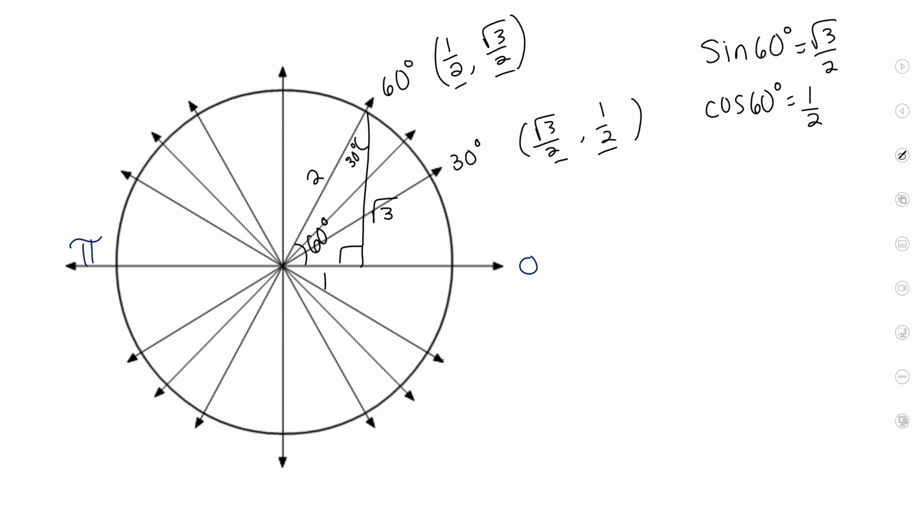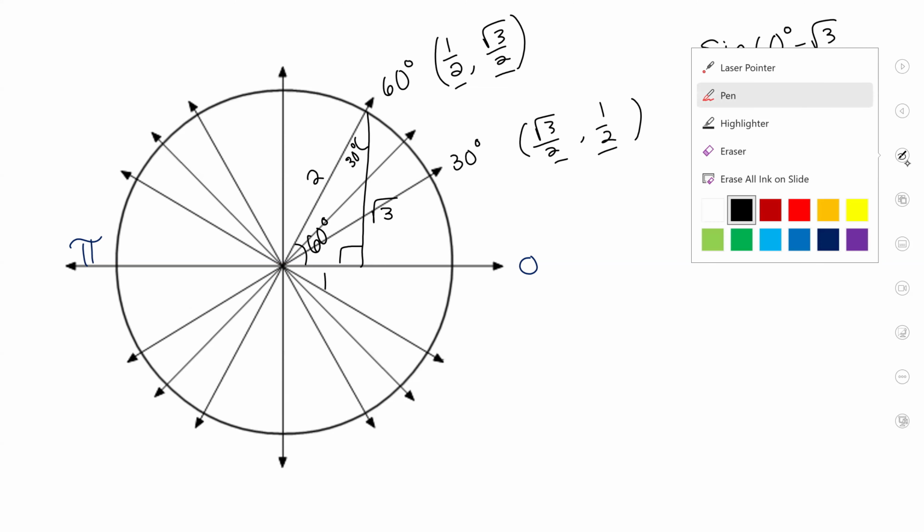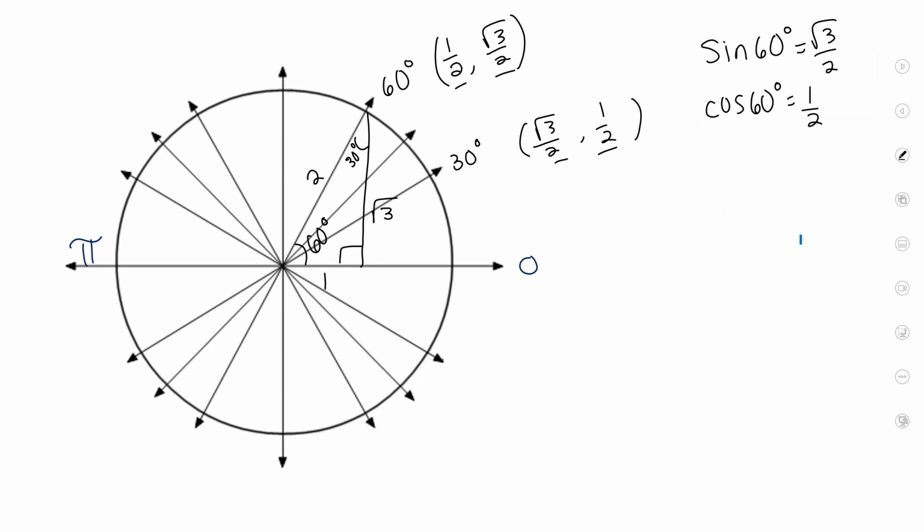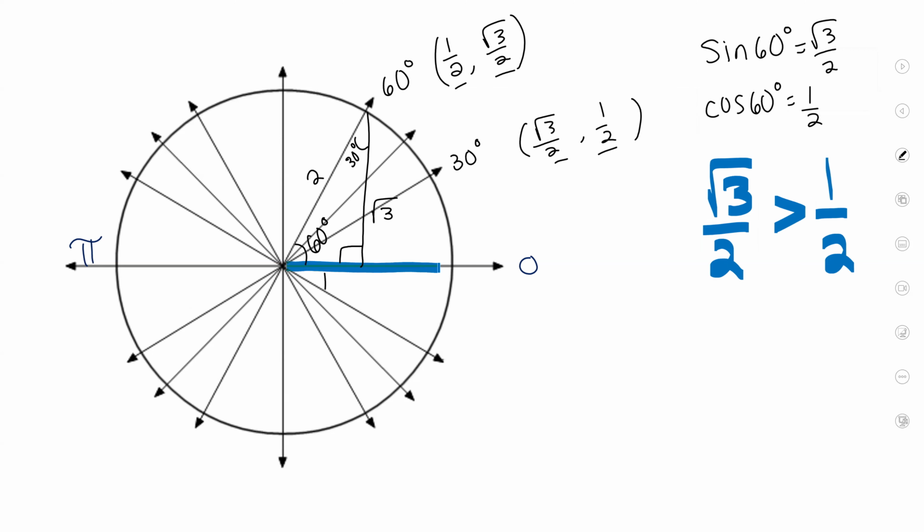The way I memorize which one goes first is notice. Square root of 3 over 2 is bigger than 1/2, okay? So look, to get to 30 degrees, the x value is going pretty far. However, to get to 60 degrees, your x value is kind of short. That's the 1/2, okay?